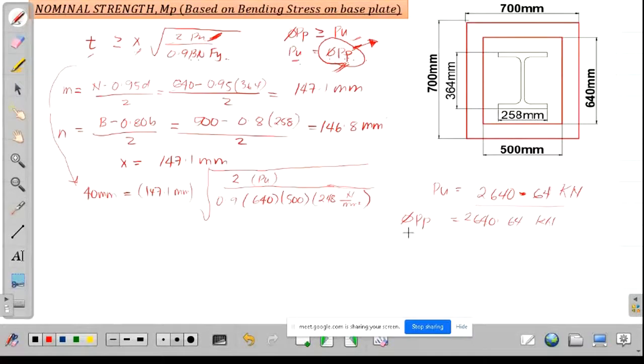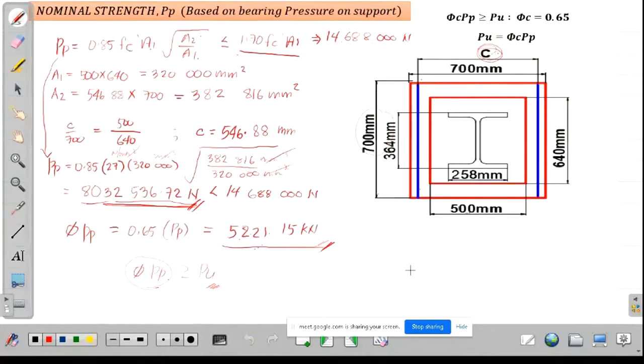So this is our design strength based on the bending stress on base plate. So we have here the design based on the bending stress and based on the bearing PP.